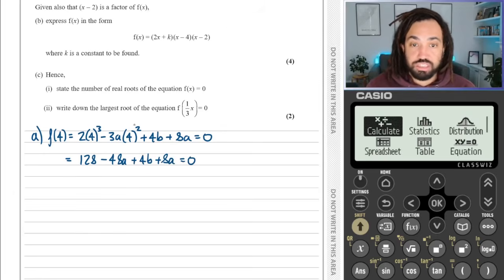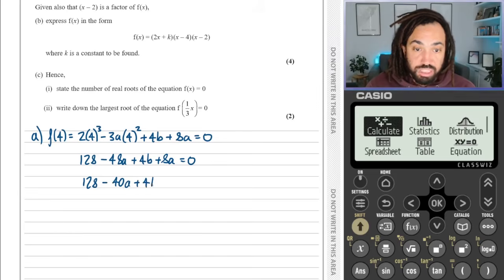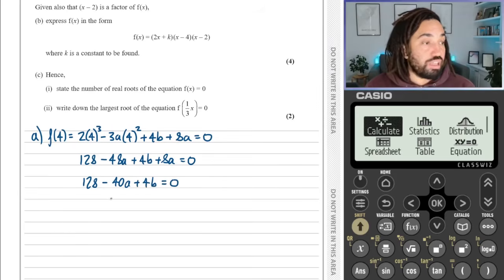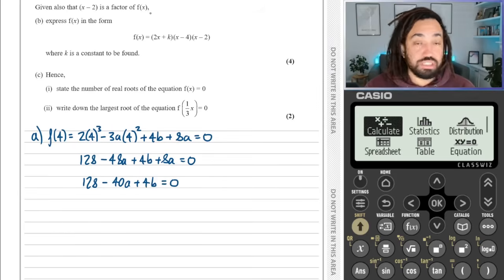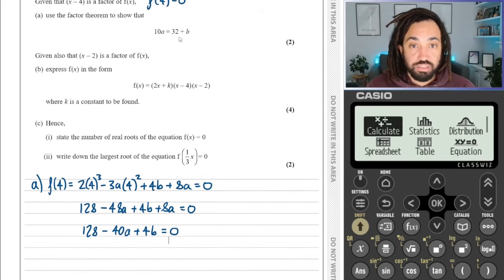Let's collect up like terms. So we have 128, and the number of a's is minus 40, and then plus 4b equals 0. And then let's just double check how they want it. They want 10a on one side and the rest on the other.